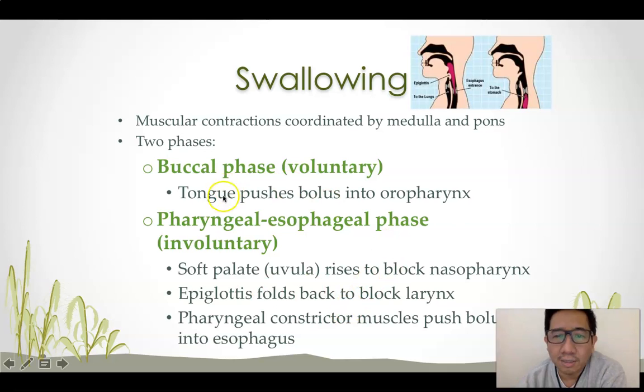Okay, so epiglottis works automatically when you start to swallow. That's involuntary. Your soft palate starts to rise to block your nasopharynx, so food doesn't go up to your nose, which is kind of a neat thing. You don't want things to come out and hang out through your nose. Okay.